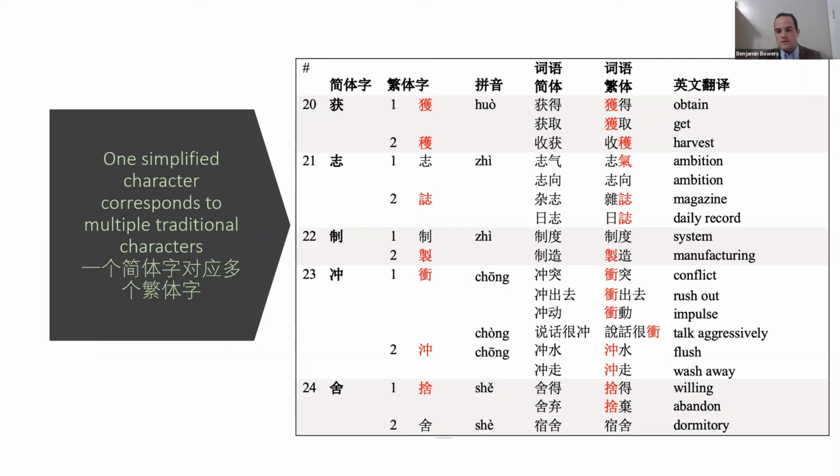Then this is one of the only times when you're going to see this 冲 in a fourth tone, when you're using it as an adjective. 说话很冲. Next we have 冲 as in 冲水 and 冲走.